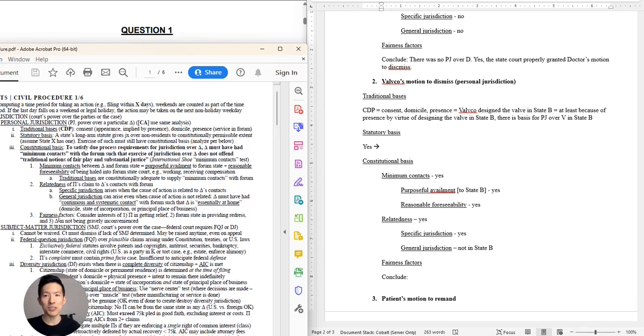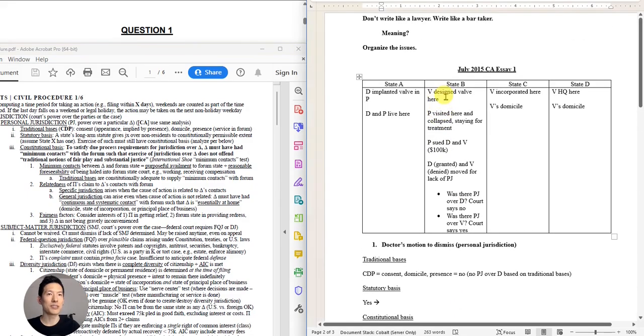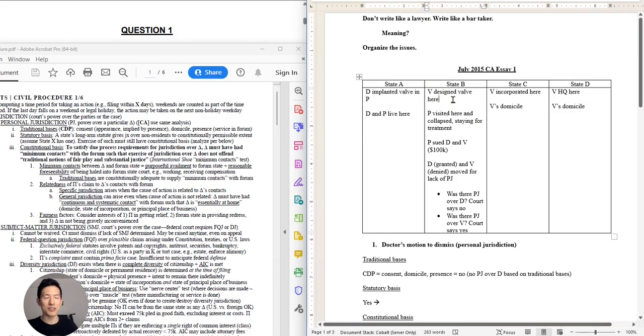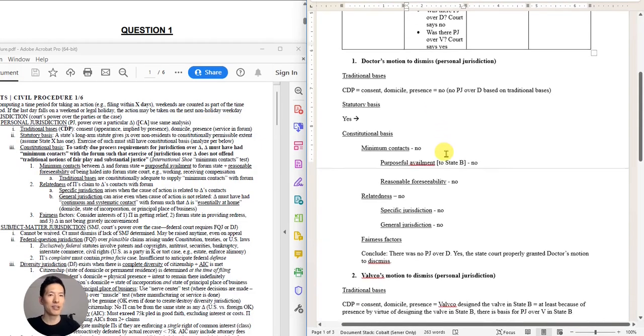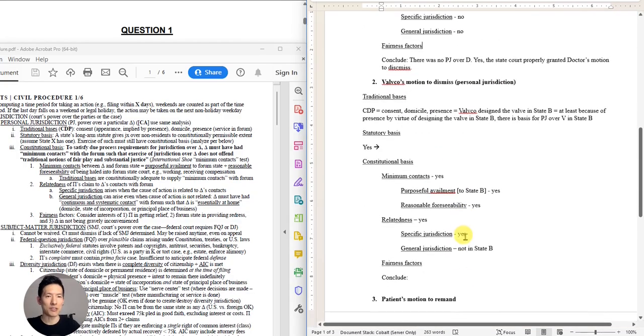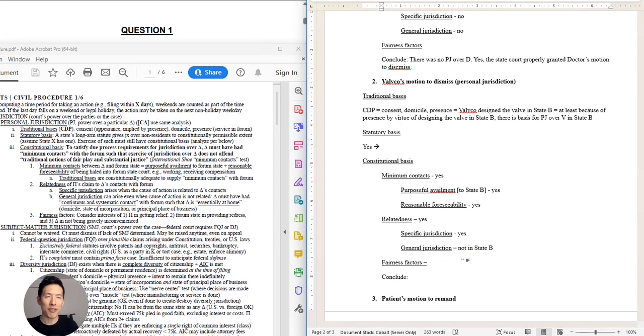And Valveco is not going to be gravely inconvenienced at all because it already does designing activities in state B, assuming it's continuing to do that. It's done it in state B once, so even if it stopped operating in state B, it's not a grave inconvenience because it's been in state B already, in the past at least. So according to these factors, there's nothing really stopping personal jurisdiction applying to Valveco.